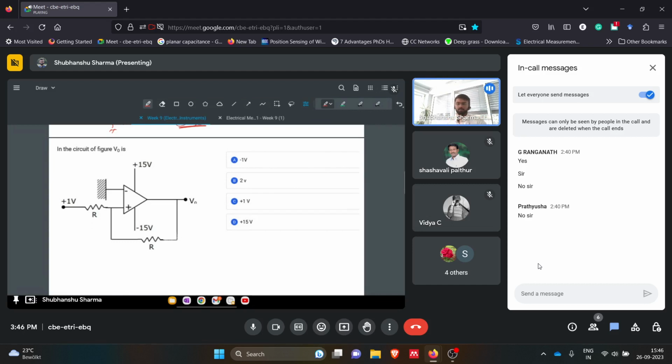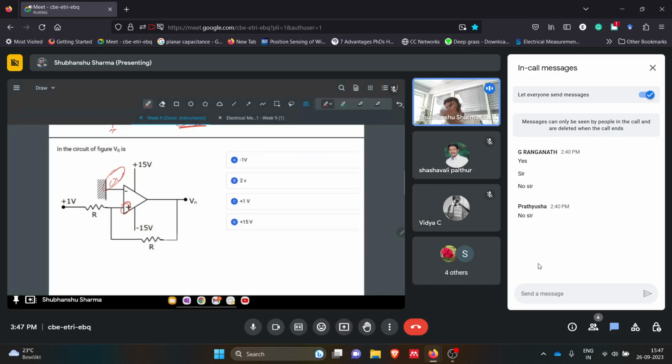I have always told you to check whether the feedback is positive or negative. If you are careful, then this is a positive feedback. That means in this case it is acting as a Schmitt trigger, where the threshold is decided by the 0 volts at the inverting terminal.